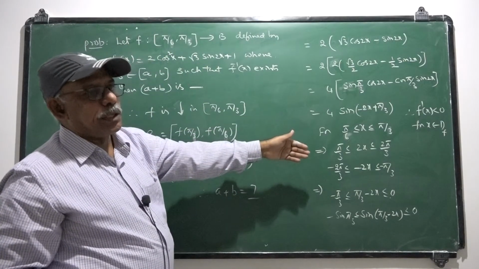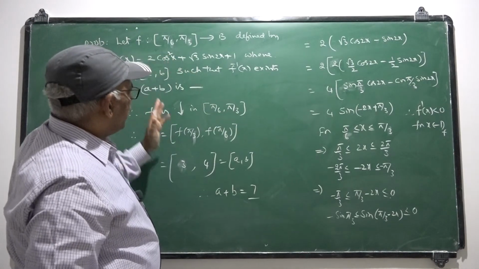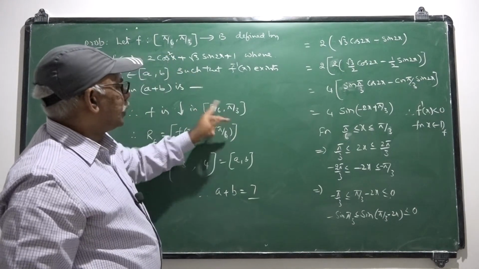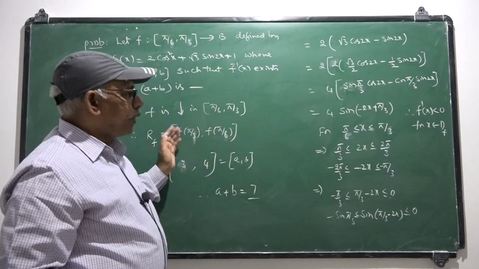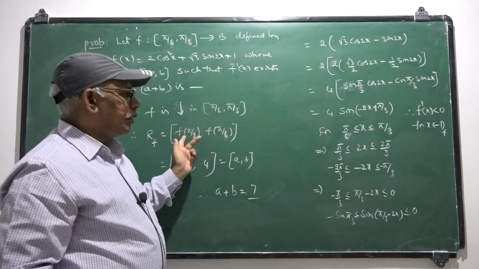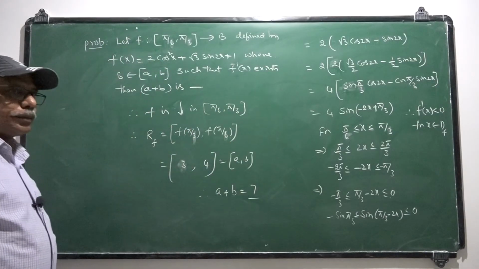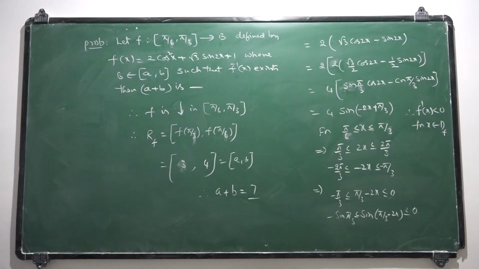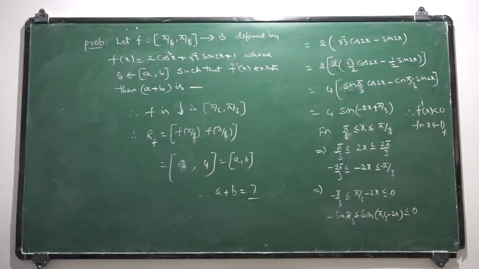Since it is a decreasing function in the given domain here, the functional values interchange. F of pi by 3 is minimum, f of pi by 6 is maximum. The corresponding range is given by f of pi by 3 and f of pi by 6, which is 3, 4. Hence a equal to 3, b equal to 4.